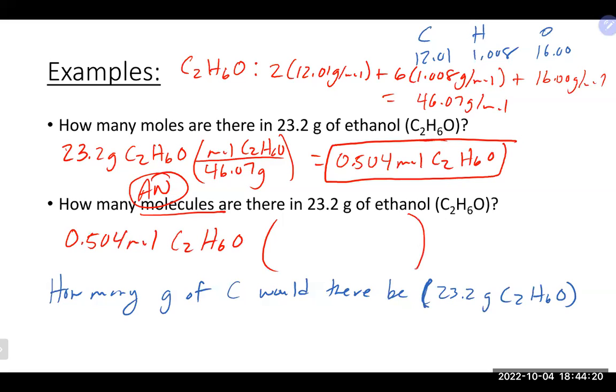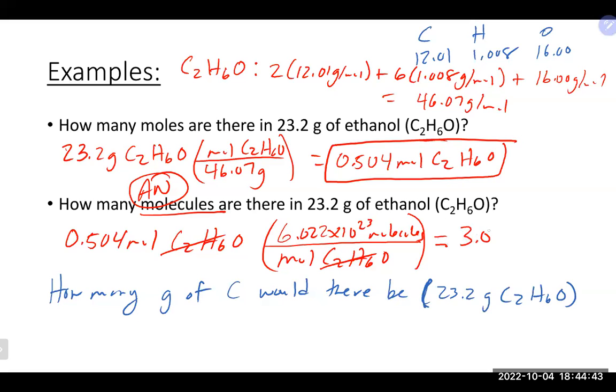Using Avogadro's number here, we're going to do a mole on the bottom and Avogadro's number up on top so that we do end up with molecules. The moles will cancel and we get 3.03 times 10 to the 23 molecules of C2H6O in this case.